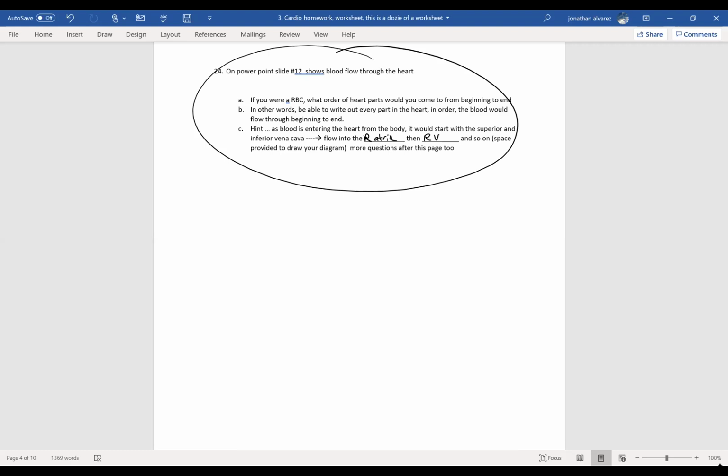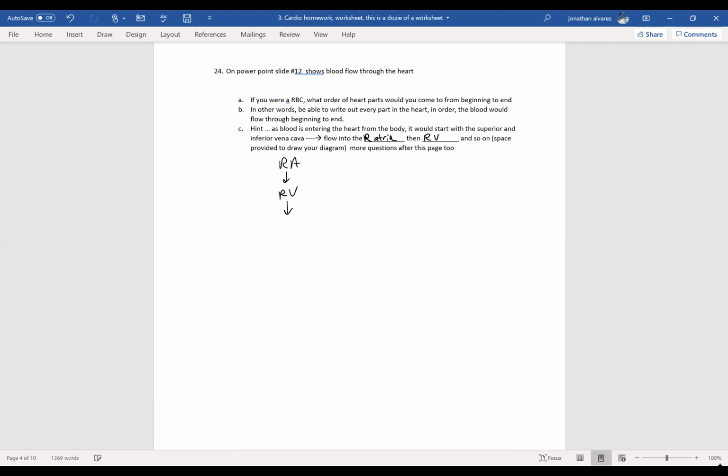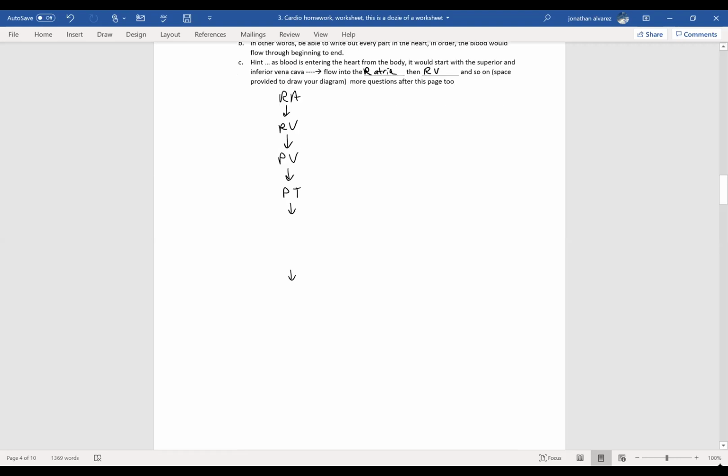Right atria, then the right ventricle, and then it's going to go through the pulmonary valve, through the pulmonary trunk, through the right and left pulmonary arteries to the lungs.